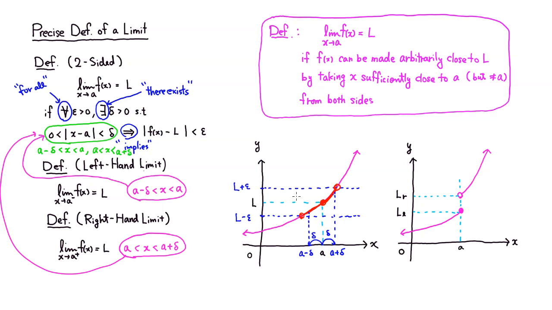All right, so what if the limit doesn't exist, like this one? Here, we don't know which value to be the limit value, so I'll pick maybe this value, for example. If we go epsilon up and epsilon down, I put L_R plus epsilon.